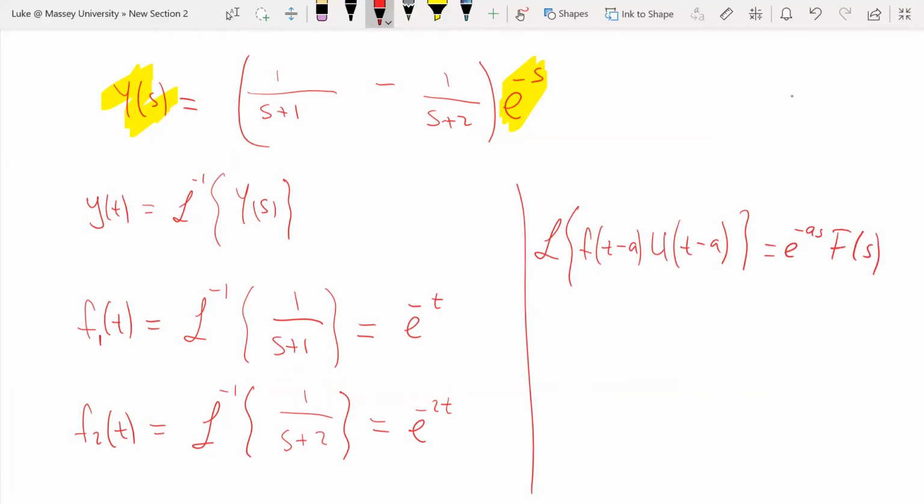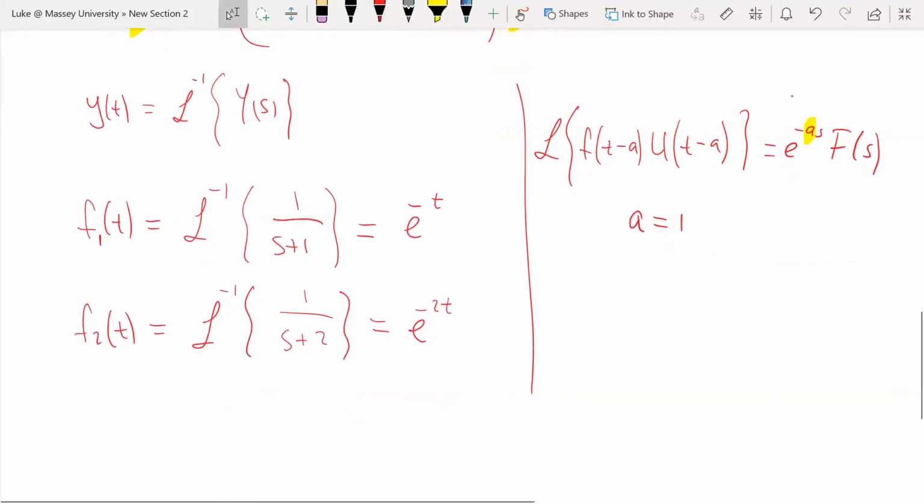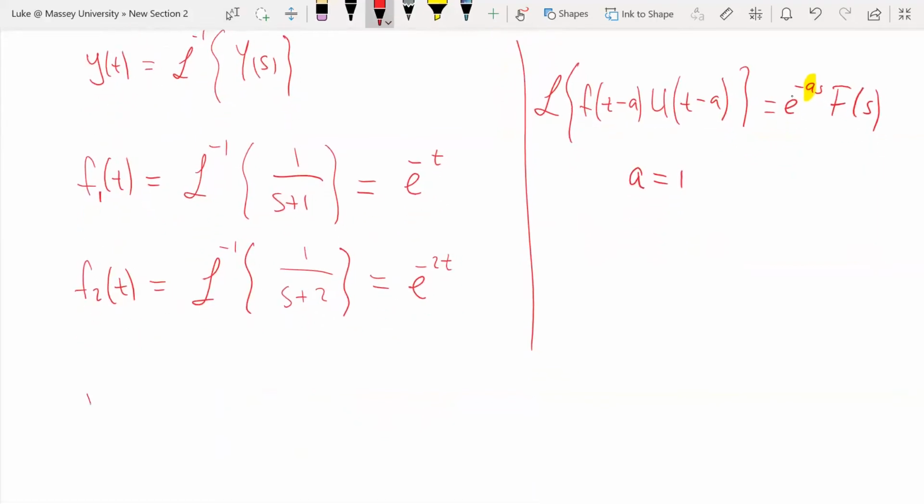In our case, this a is equal to just 1. So what I want to do now is evaluate f1 and f2 at t minus 1.